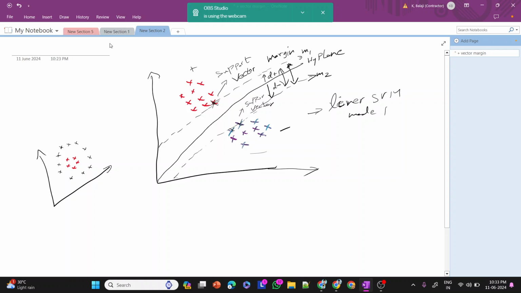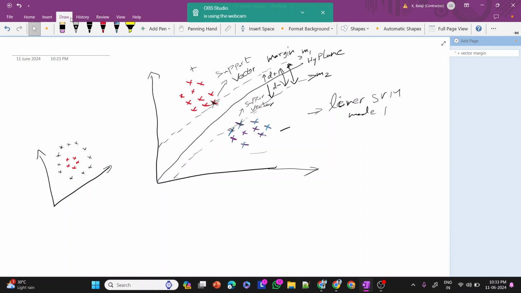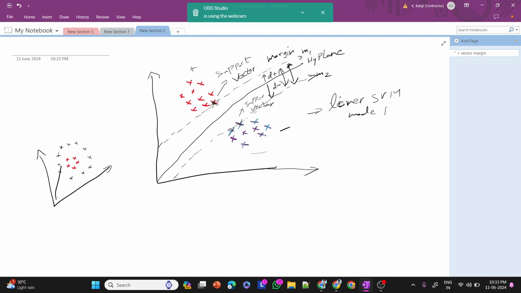Whenever we try to create a hyperplane, it always separates the data by these lines. We can separate this by any one of these lines, but it does not perfectly separate these two groups.